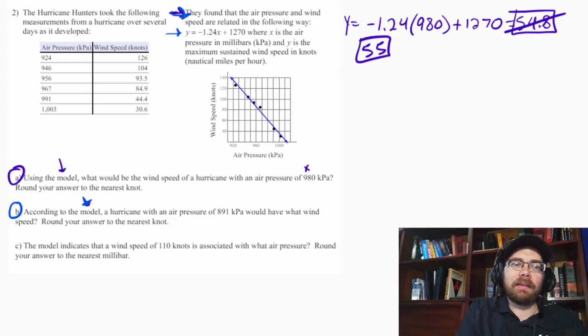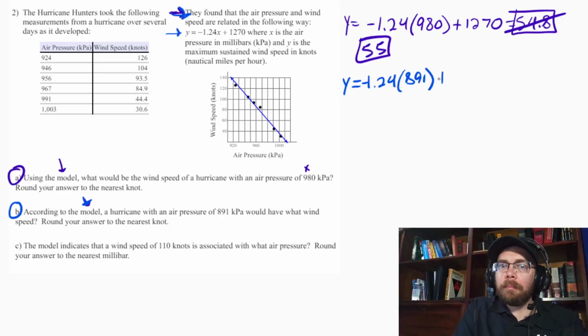So we just do that. Y is equal to negative 1.24 times 891 plus 1270.